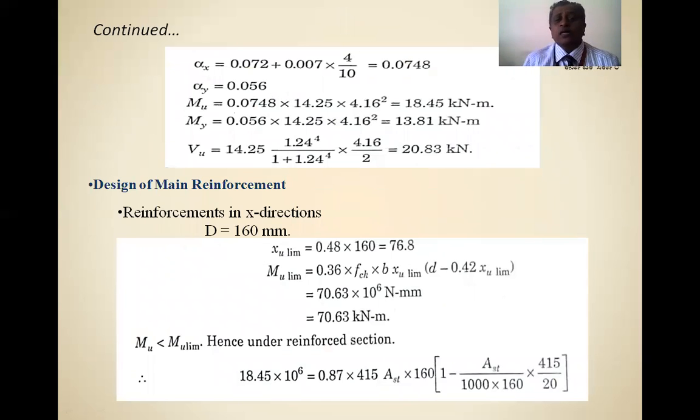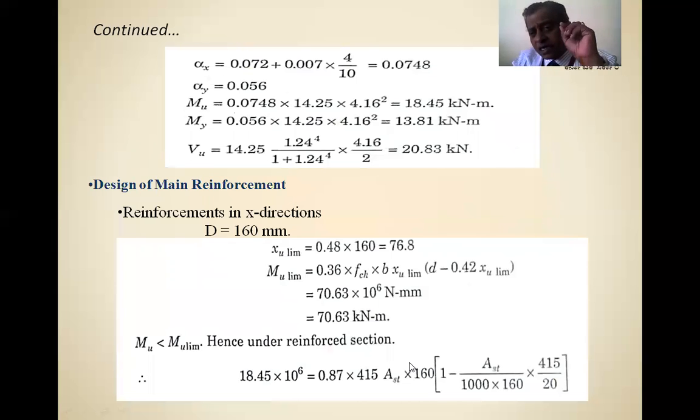Referring to Annexure D, table number 26, we get alpha x as 0.078 and alpha y as 0.056, and Mu is equal to 0.078 into W into this.